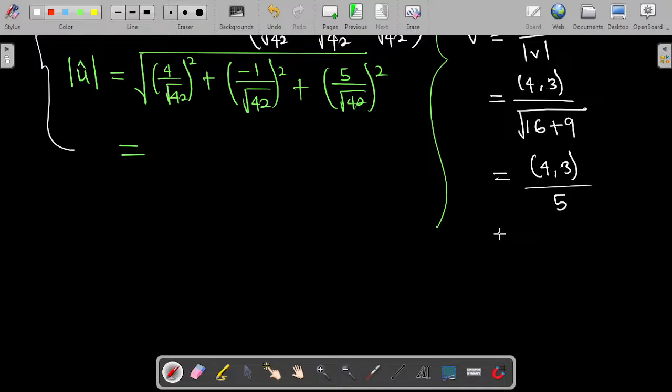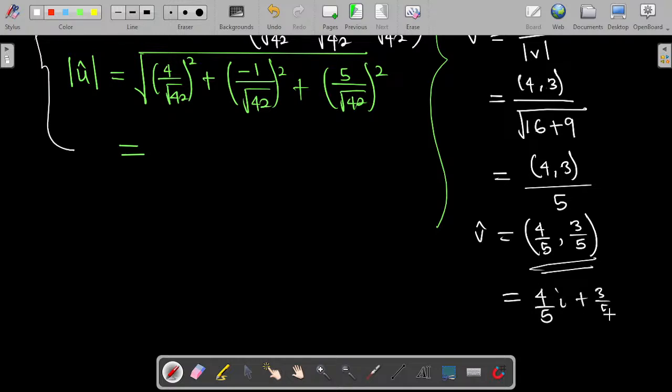So our v caret is equal to 5 will divide 4 and will also divide 3. So you get 4 over 5, 3 over 5 as your vector. And you can write it in ijk form, which will be 4 over 5 i plus 3 over 5 j. Okay, so any of that.